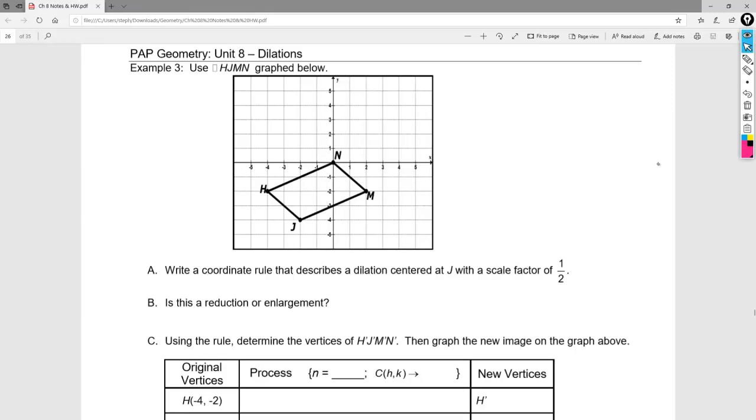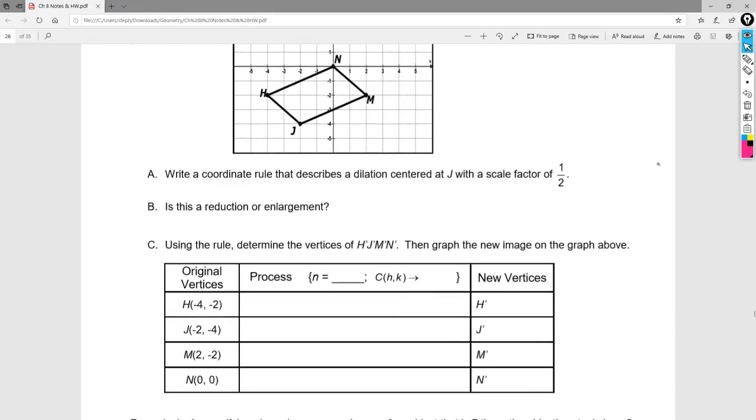Okay, so for our next example, we're given quadrilateral HJMN, and first they want us to write a coordinate rule that describes the dilation centered at J with a scale factor of 1/2. Okay, so the important part here is we know we're centered at J, we have a scale factor of 1/2. So the first thing I need to do is figure out where J is, right here, so -2, -4.